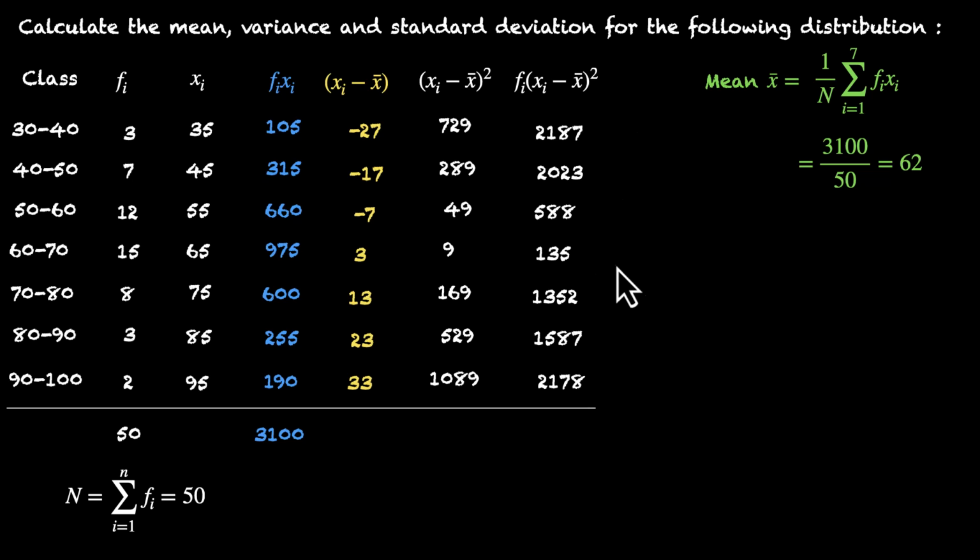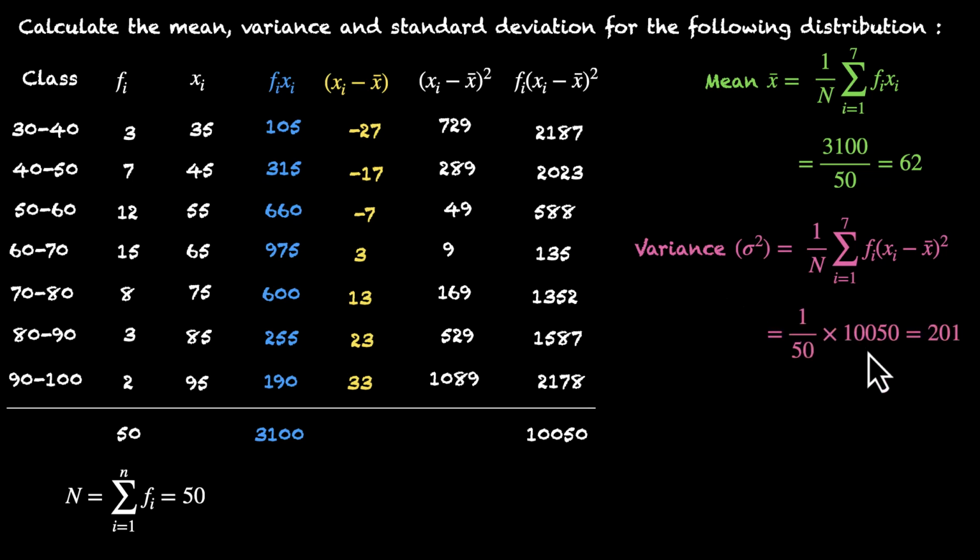Next, we add all of these up. So if we add all of these up, we get 10,050. That's sigma fi times xi minus x bar squared. Now our variance is going to be, that's sigma squared. Sigma is standard deviation, variance is sigma squared. So variance is 1 by n of sigma fi times xi minus x bar squared. So this sum 10,050, we divide this by 50 to get the variance.